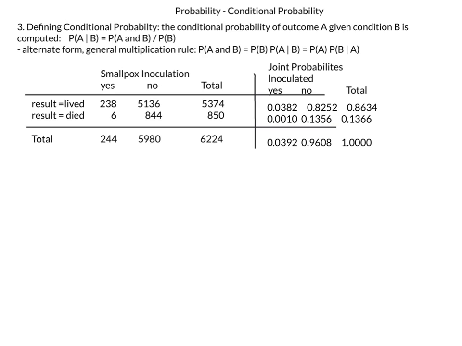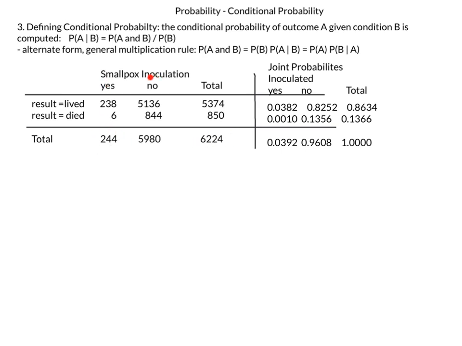Here we have a new set of data about smallpox inoculation and our results, whether people lived or died. Here is our count data, and here's our joint probabilities and our marginal probabilities and the totals. So just looking at a few of the fields, smallpox inoculation, yes, so we have 244 people out of 6,224 that are vaccinated.